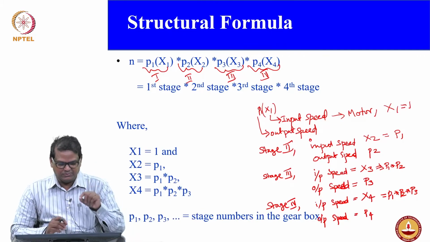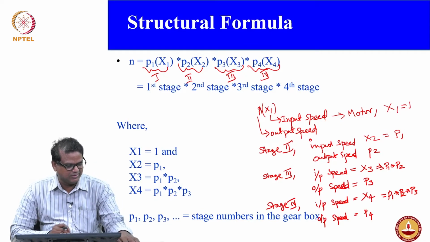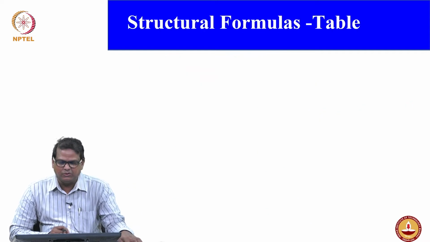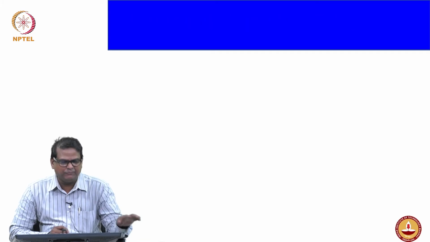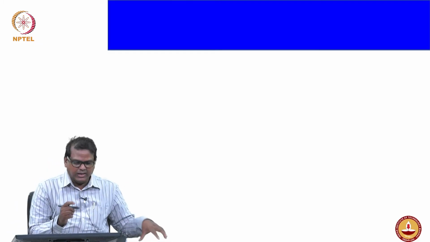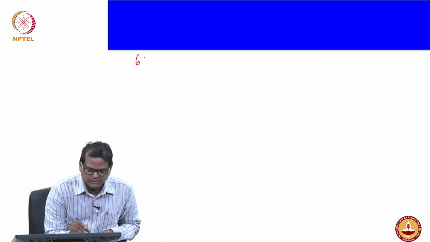So, the P1, P2, P3 are the stage numbers in the gearbox, which I have already explained. Now, very interestingly, we will go for the structural formula. Before that, assuming that I have a 6 speed gearbox, how do I arrange it?